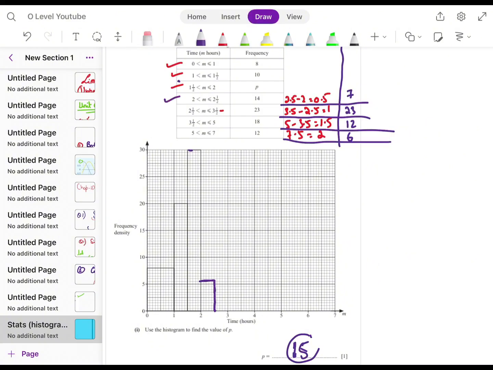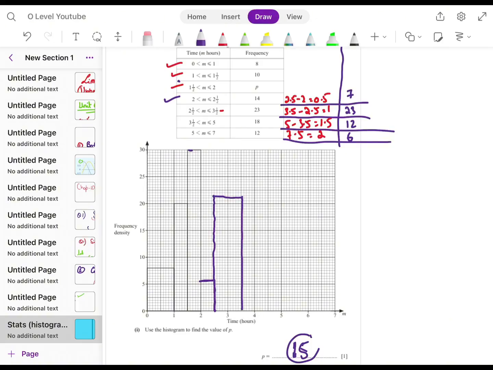2 till 2.5. Now 2.5 till 3.5, that is 23. So if I make a straight line, here I reach 23 and I have to move till the center of 3 and 4.